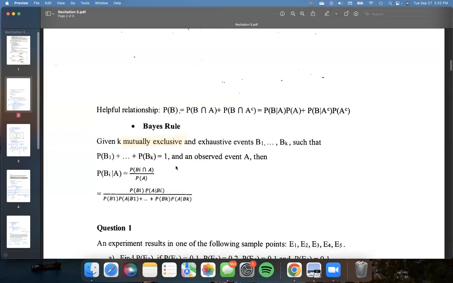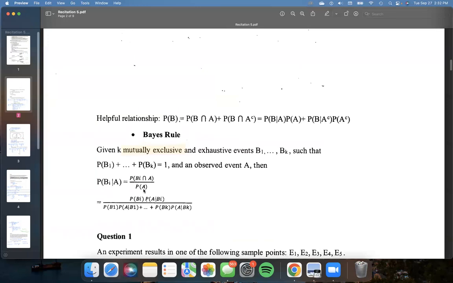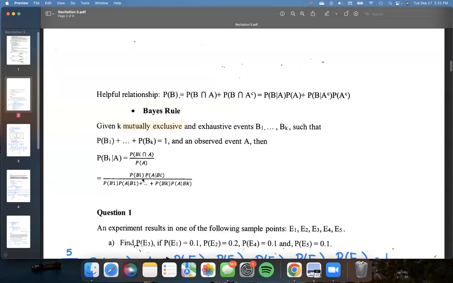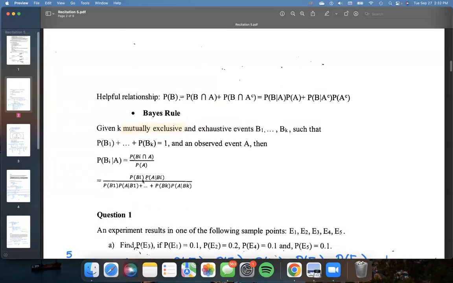We'll be using Bayes' rule in a few problems at the end of this recitation, so you'll be able to see how this is done in application. All right, so that's a little overview of the properties and definitions that we'll be using. Now on to our questions.